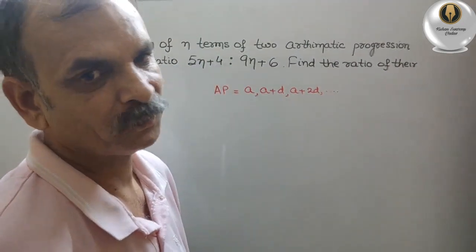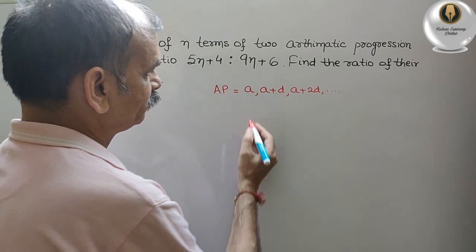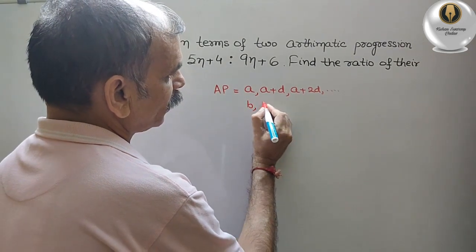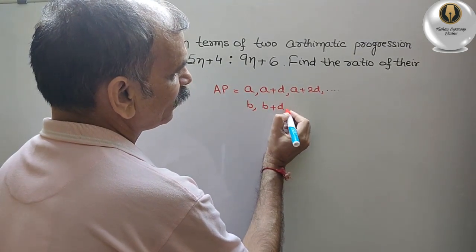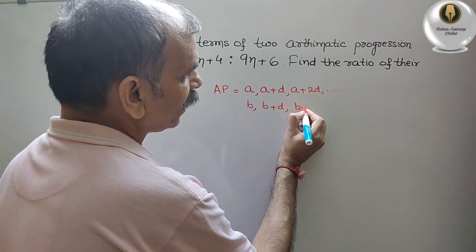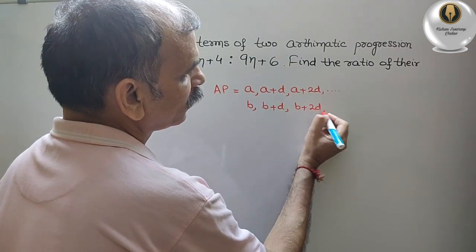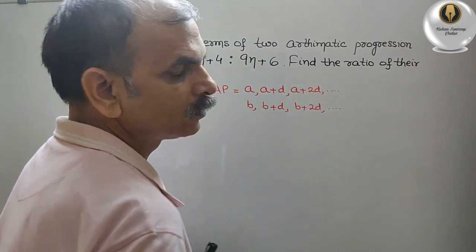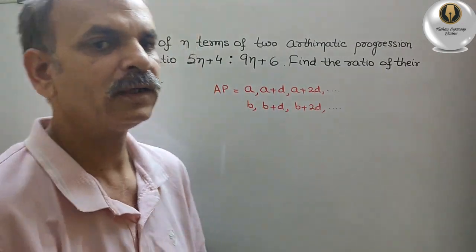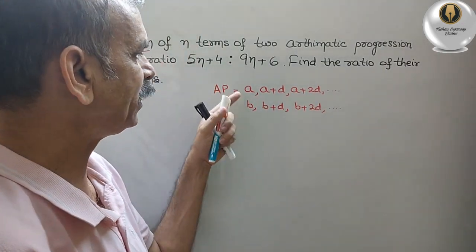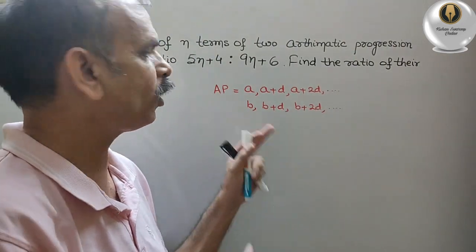The next AP will be B, B plus D, B plus 2D, and so on. Now they have told the sum of this AP by the sum of this AP, that means the ratio.